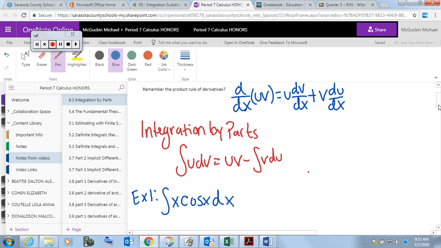We're going to break it apart into a u and a dv to get an integral version of the product rule. So in this video I want to do an example as to how and when we use integration by parts.